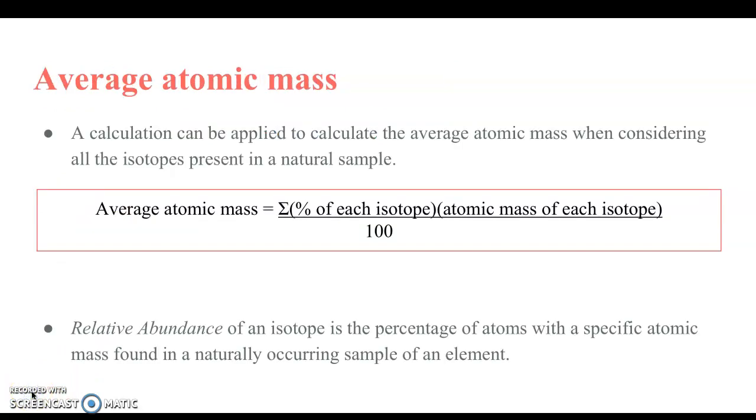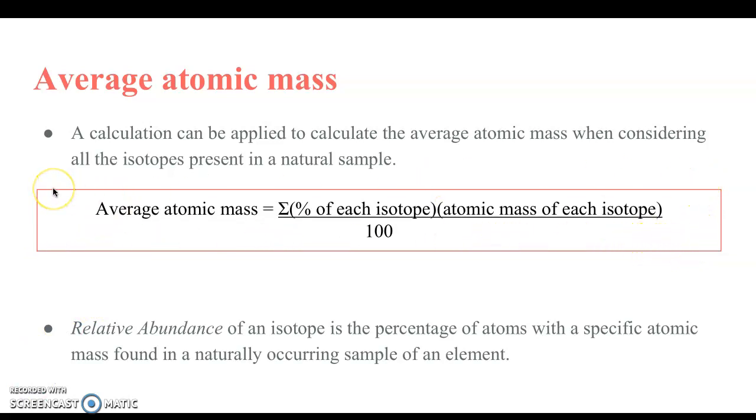Average atomic mass is a calculation that can be applied in order to calculate the mass that you see on the periodic table of elements. It takes into account all of the naturally occurring isotopes for an element. In the box, you can see that I gave you the equation.